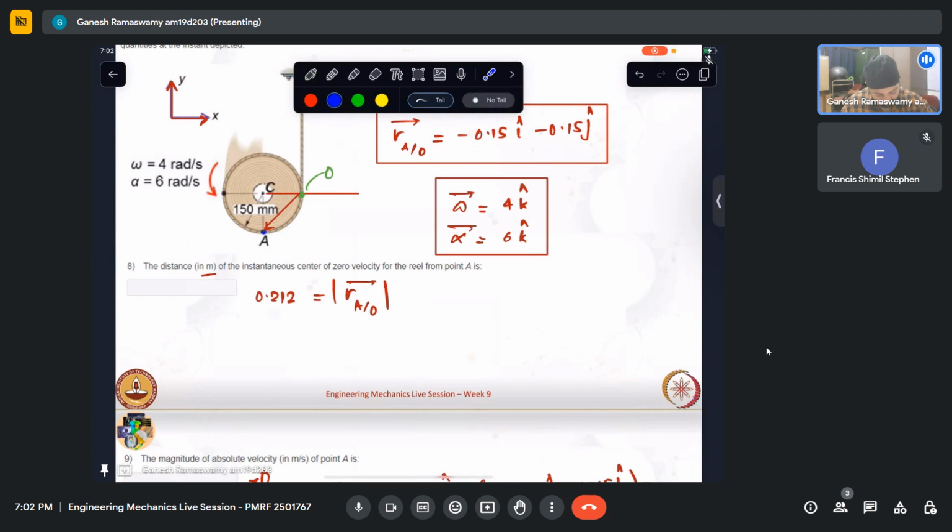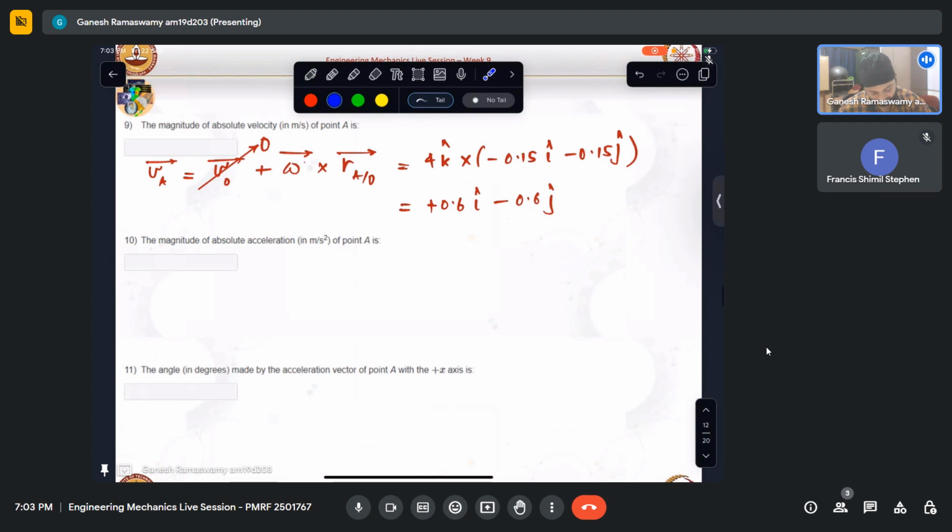It will actually have a velocity 0.6 i minus 0.6 j. So it is having a velocity like that. Since it is rotating like that, omega cross r, velocity will be like that. So this makes sense. The magnitude is 0.6 root 2, which is 0.848. The magnitude of this is 0.848 meters per second.